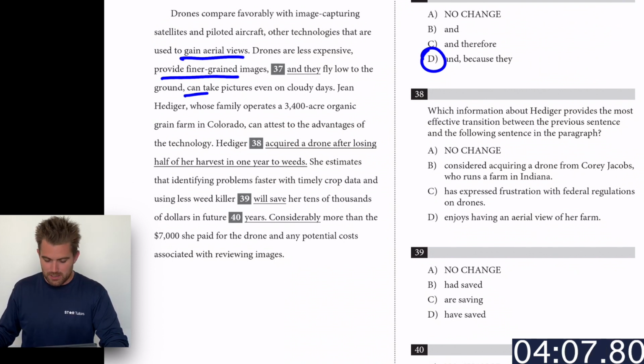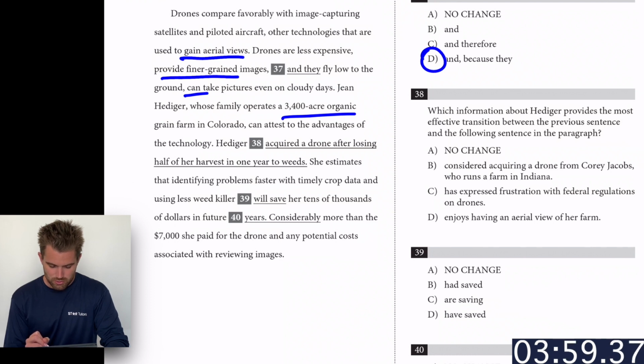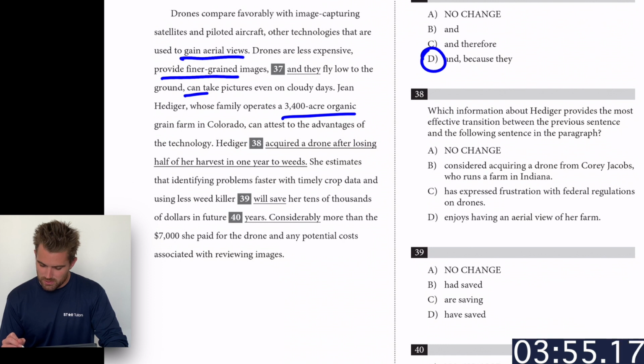Jean Hediger, whose family operates a 3,400-acre organic grain farm, can attest to the advantages of the technology. Okay, so she's a farmer. Hediger acquired a drone after losing half of her harvest in one year to weeds. Which information about her provides the most effective transition between the previous sentence? So she owns a farm, she's a farmer. The one that we have here is not bad. Considered acquiring a drone from Corey Jacob, who runs a farm in Indiana?